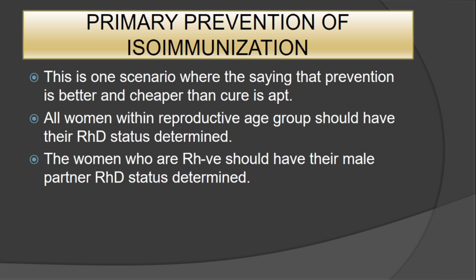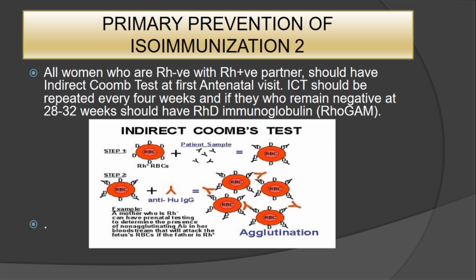And for the women who are Rhesus negative, when they get married, the male partner's Rhesus D status should also be determined. Because if we know in advance, then we begin to mount preventive measures.